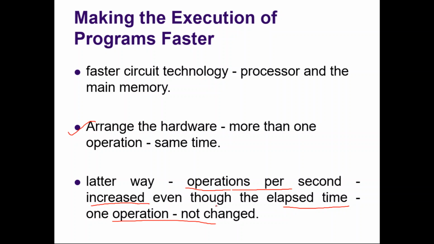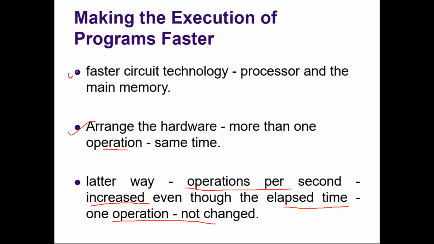The elapsed time to complete one operation will not change. So that's the difference between faster circuit technology and arranging the hardware in some order so that more than one operation can be done at the same time.